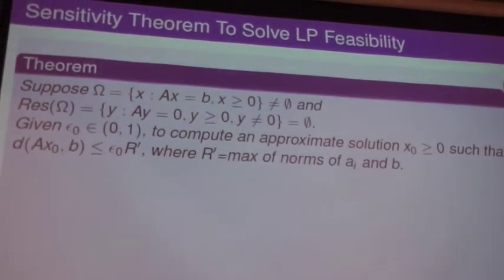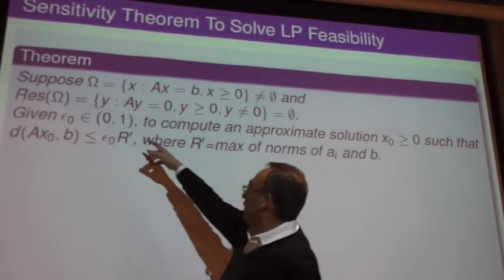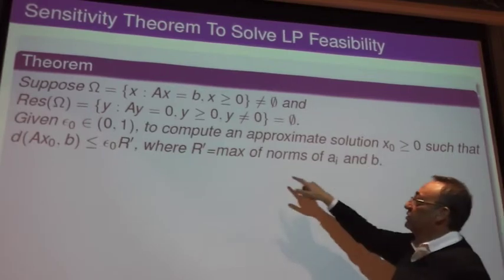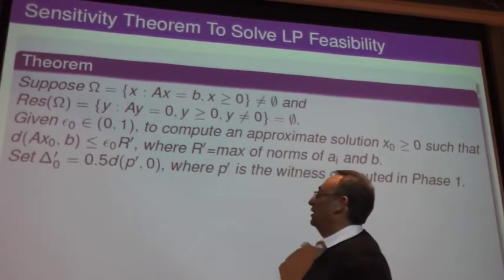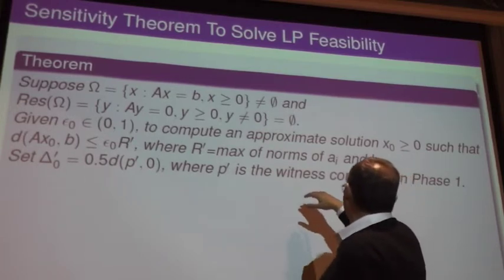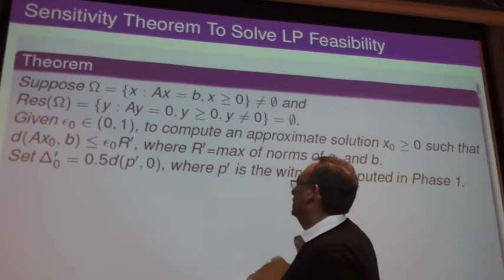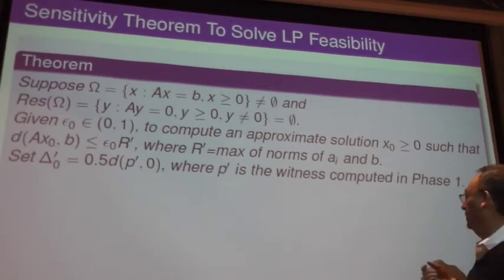This theorem is a little bit long, that says now, given epsilon 0, to compute an approximate solution x0, such that this accuracy is satisfied, you use this number, delta 0 prime, which becomes an estimate to the closest point in the convex hull of the columns of A to 0.